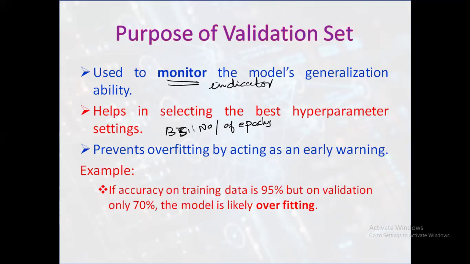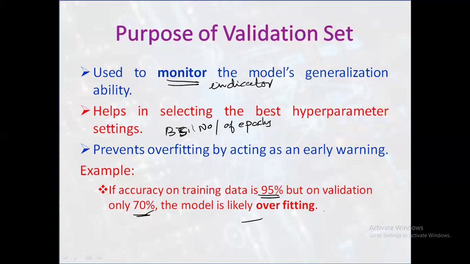And say for the example, an illustrative example helps understand its practical importance. If accuracy on training data is 95 percent, but on validation only 70 percent, the model is likely overfitting. Such a large gap suggests the model is memorizing the training data and failing to generalize.